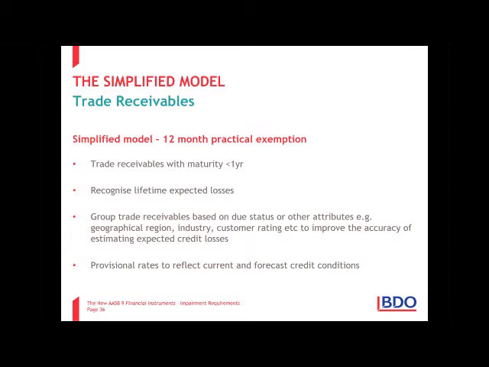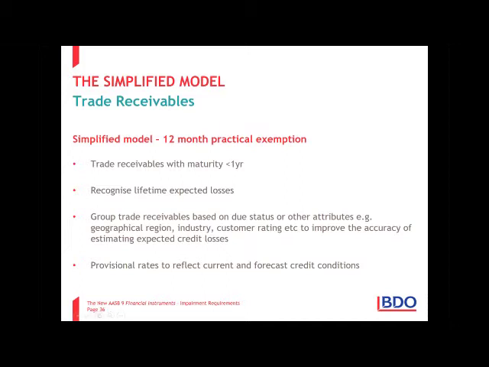You would group your trade receivables based on their due status or other attributes. So you could use geographical region, Sydney, Melbourne, Adelaide, or you could look at different industries. You could look at postcodes. You could look at customer ratings. So you could group your trade receivables and come up with a provision matrix.